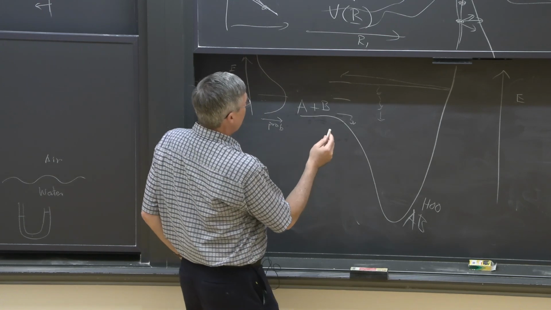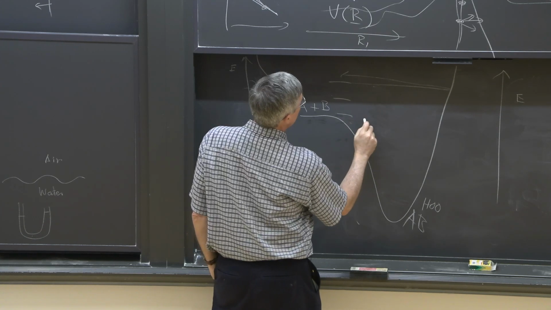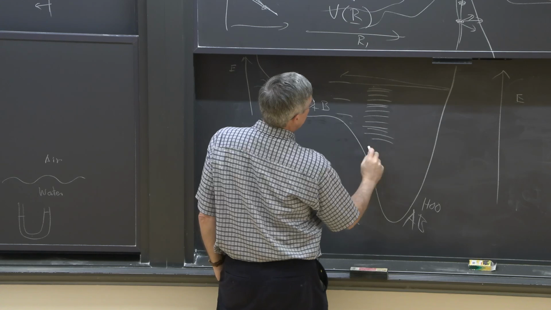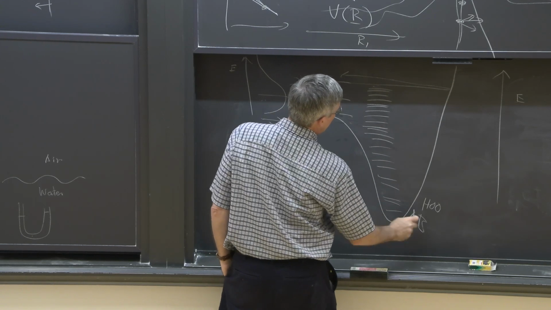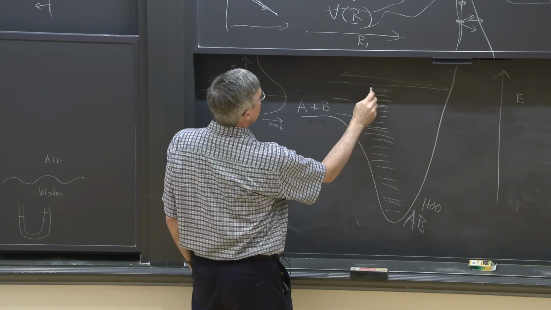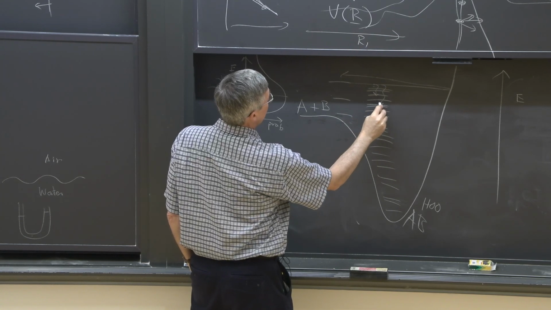When you want to do the analysis carefully, you really should put all these intermediate energy levels in. There are a lot of energy levels of AB. You should put them all into your analysis and consider that the collisions could take this one down to here, or they could take it down to here.